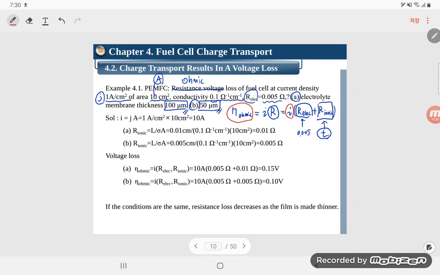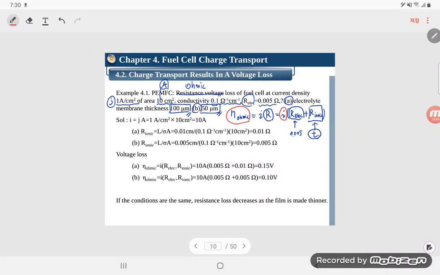So based on this simple equation, we can calculate the ohmic loss.